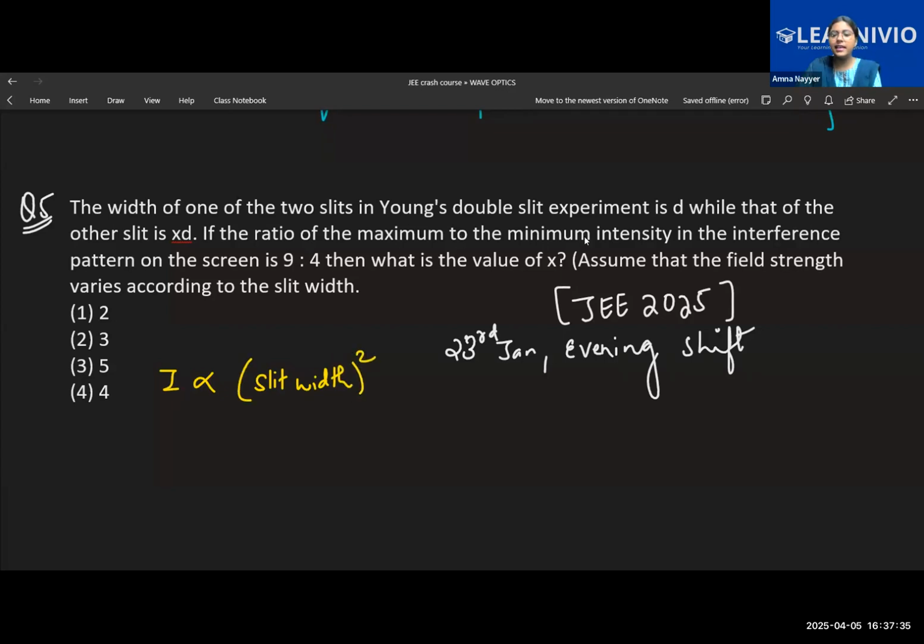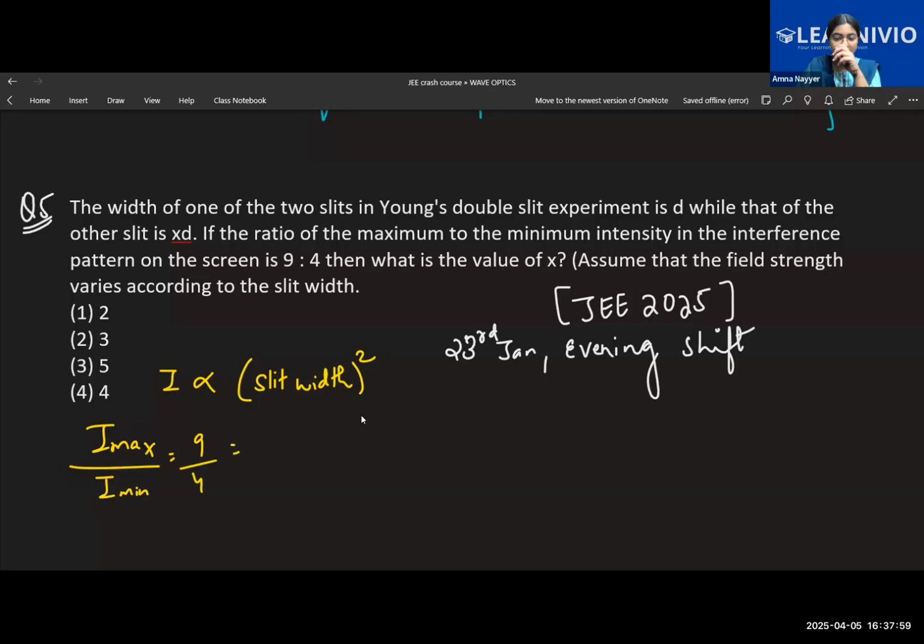So one slit has width D, and the second is X times D. So one we are going to take as D, second we are going to take as XD. I maximum by I minimum is 9/4.